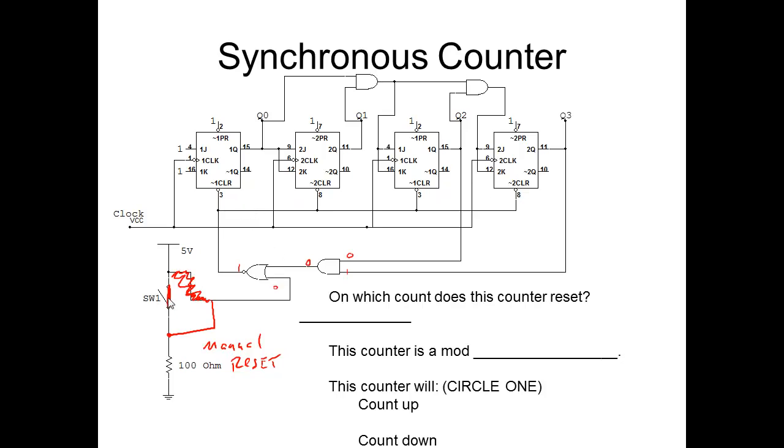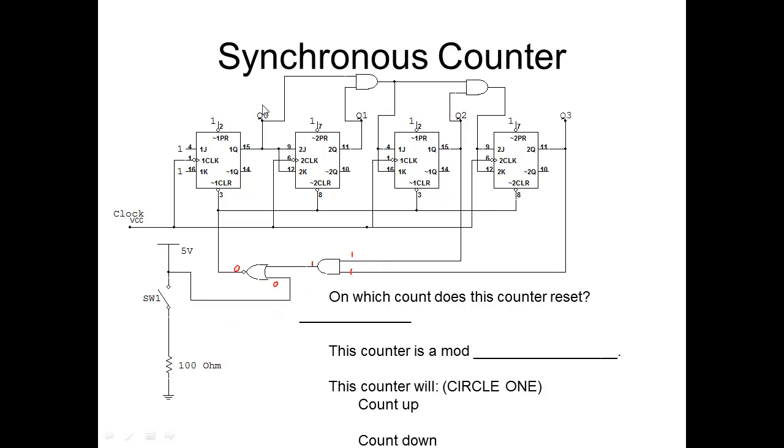If I push this button right here, it shorts it out to high, so it makes this go high. This will now go to a low, which makes it reset all the flip-flops. So it goes back to, in this case, 0. If I were to leave the switch open and this hits two highs, that high now becomes a low and resets. So it also has an automatic reset. So you've got a manual and an automatic.